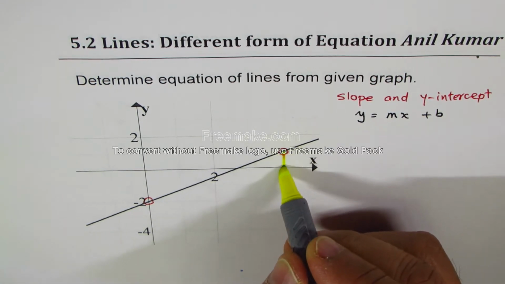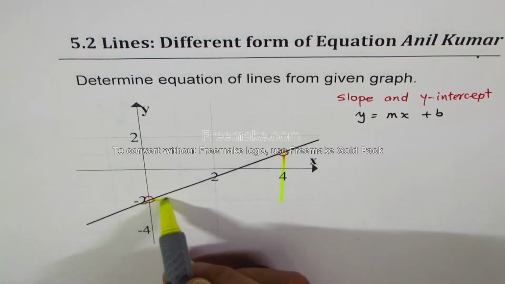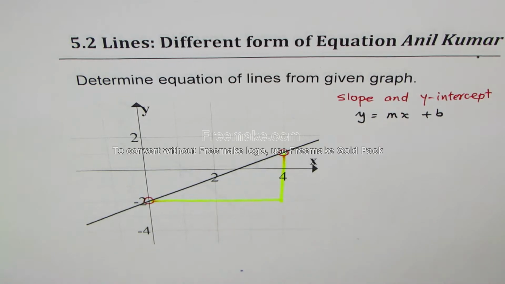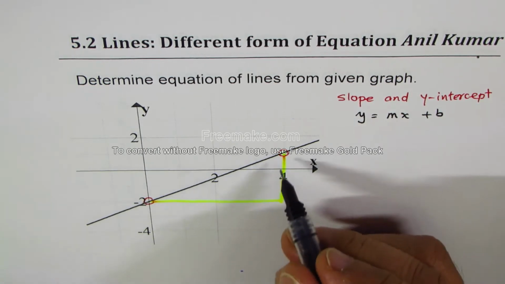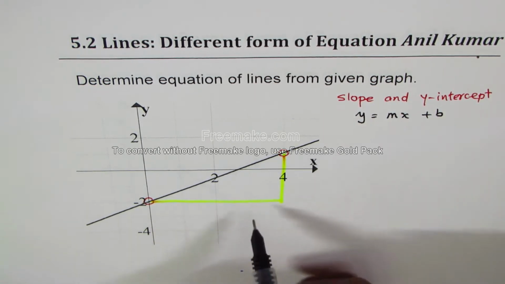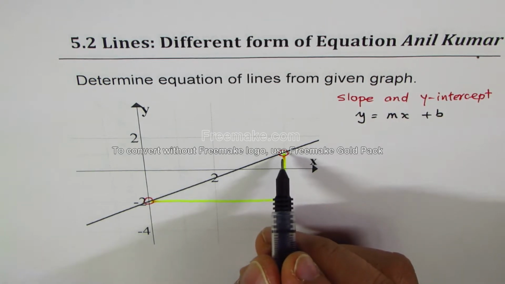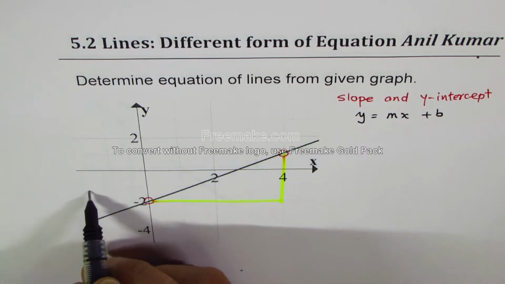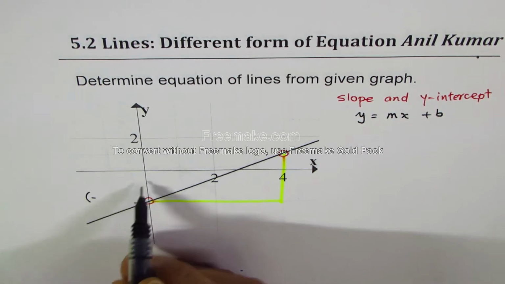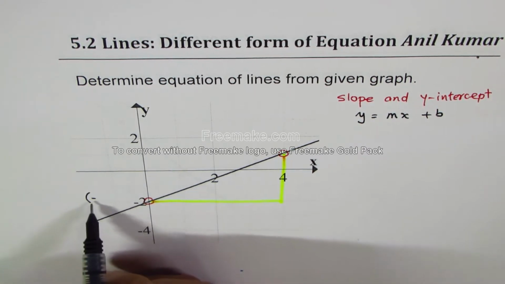Let's make a triangle to form the slope. So that's the triangle. We can count rise over run and get the answer, but I'll prefer to write coordinate points. The coordinate for the first point, which is the y-intercept, is at x value of 0, we have y value of -2.